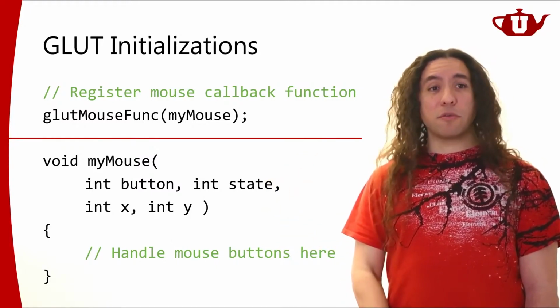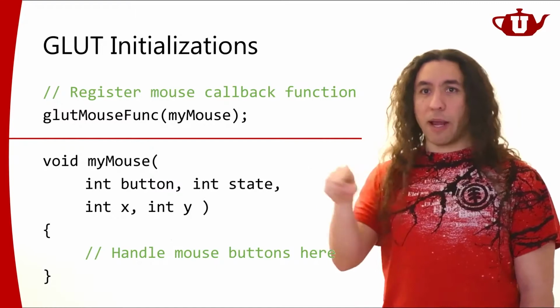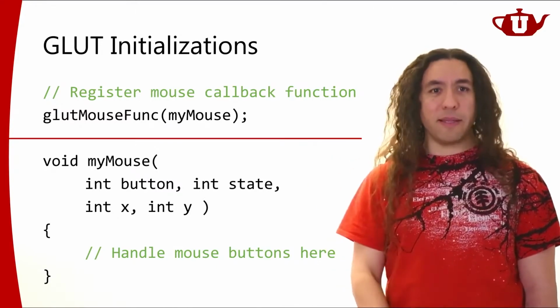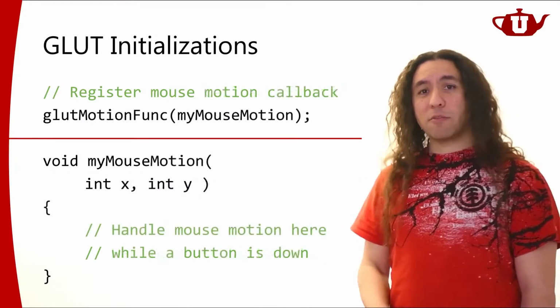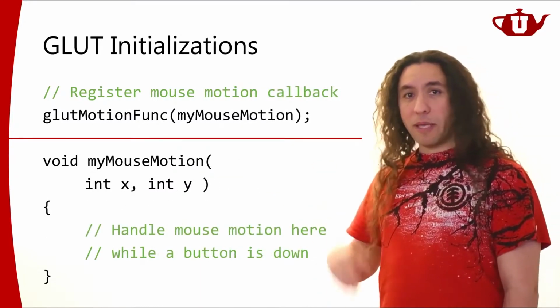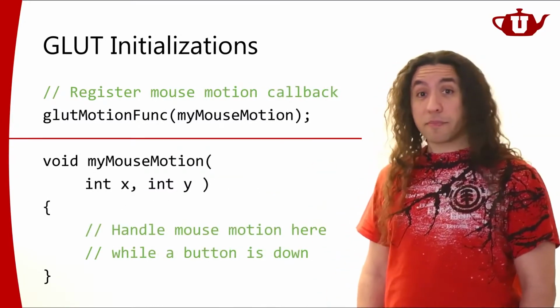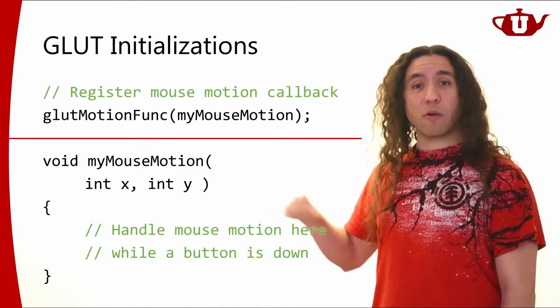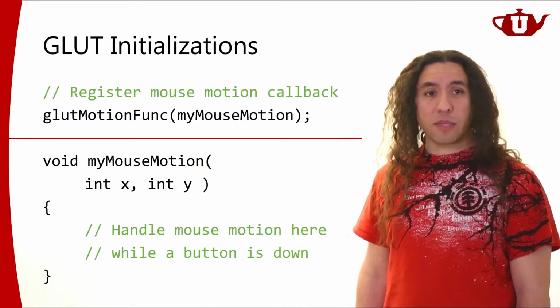If you want to click on something and drag it around, you probably want to interact with your window in that form. You will need to register another function. That's going to be the Glot motion function. So this motion function is just going to give you the XY coordinates of your mouse pointer.